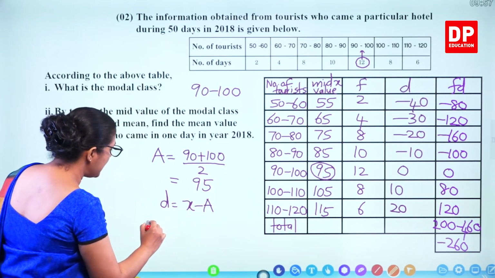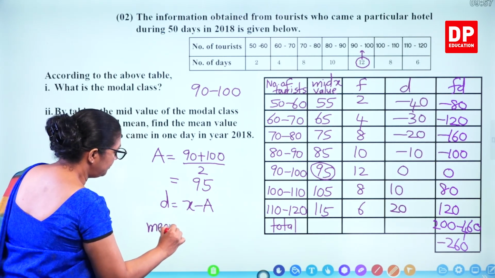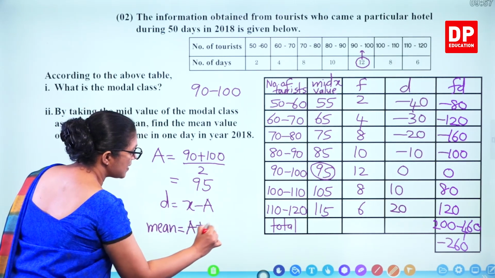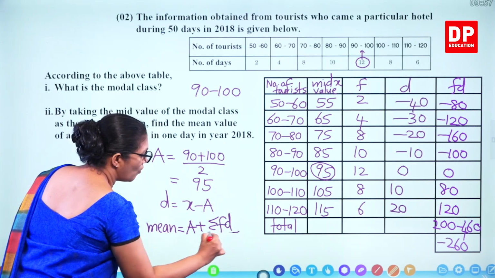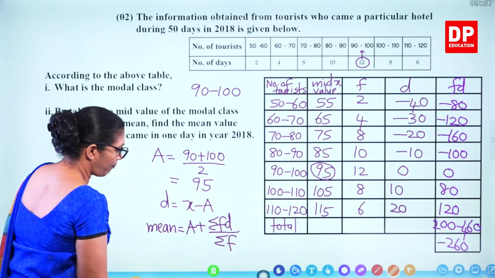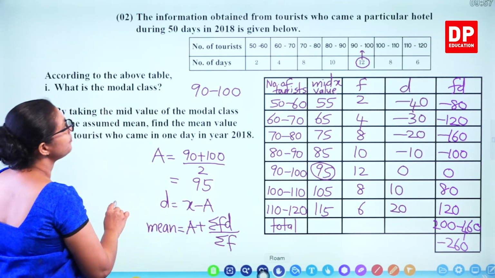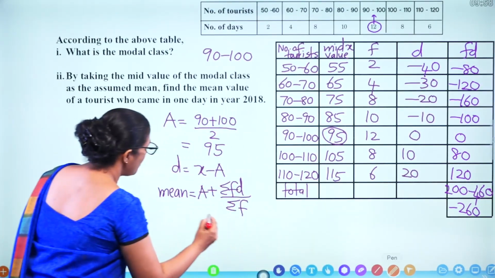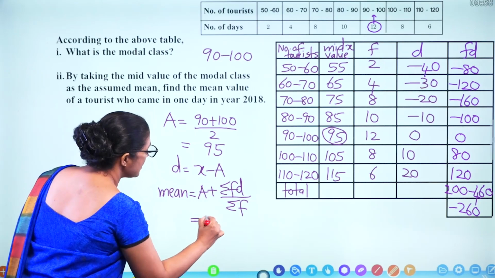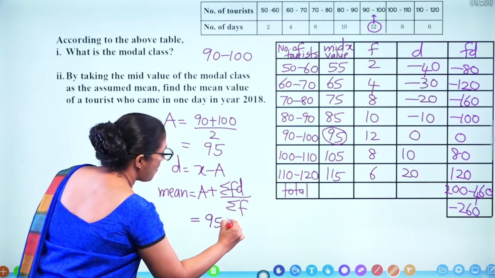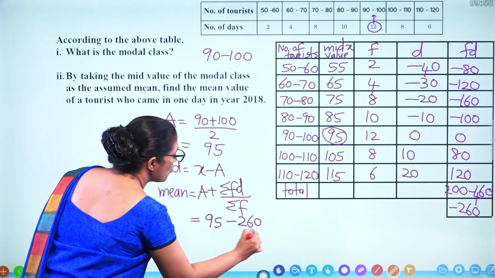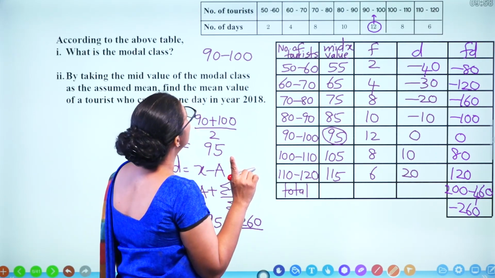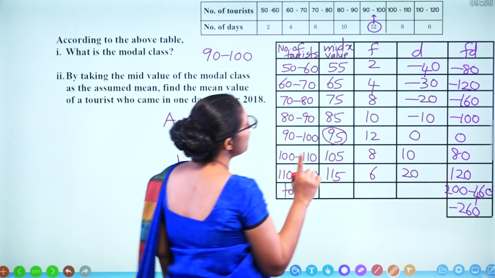So what is mean? Assumed mean plus sigma FD over sigma F. Now substitute the values here. You get assumed mean 95 minus 260 over sigma F. It's given, I think, 50.